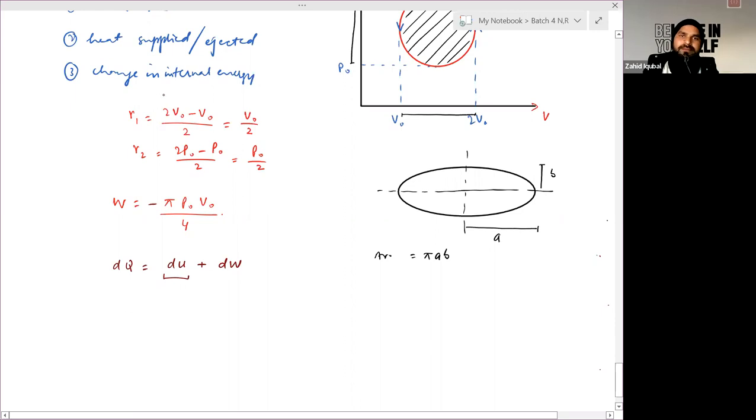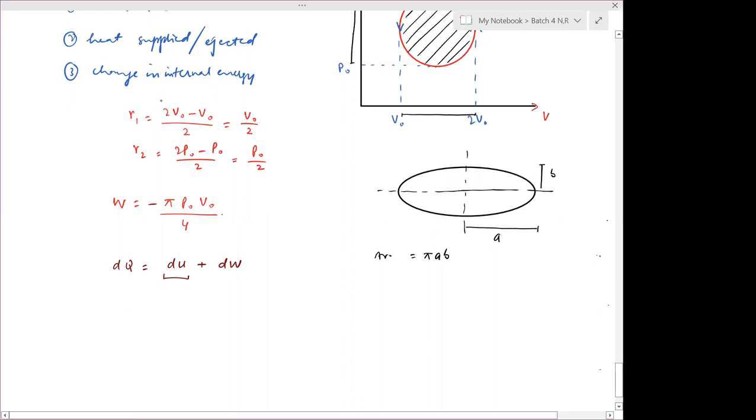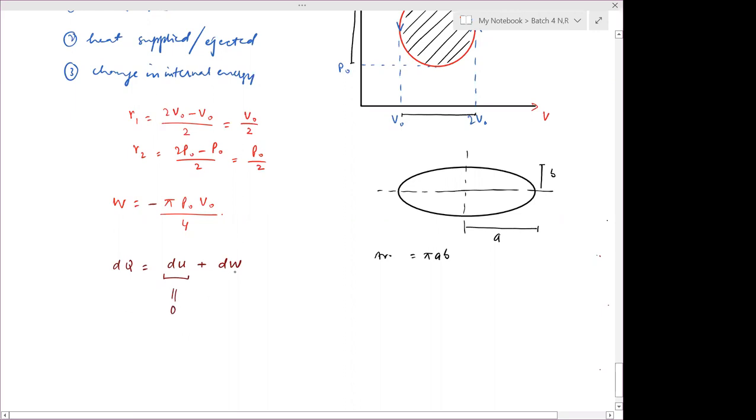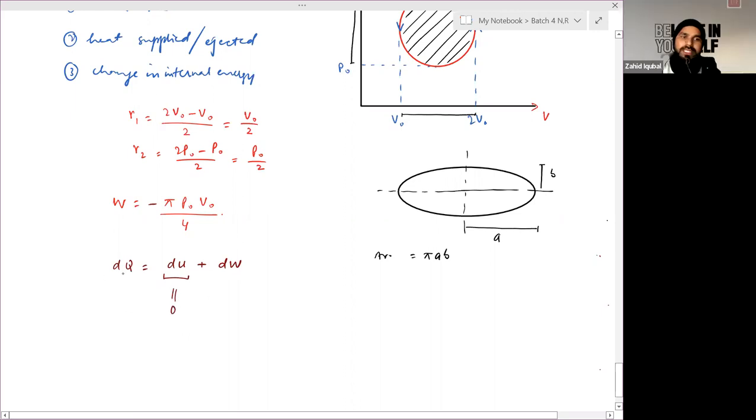What will be the value of change in internal energy for this process? Zero. Good. So the amount of work must equal the heat supplied or ejected. So dq will equal the work done, which is minus pi P naught V naught divided by 4. This minus sign tells you heat is being ejected out from the system. Is it clear?